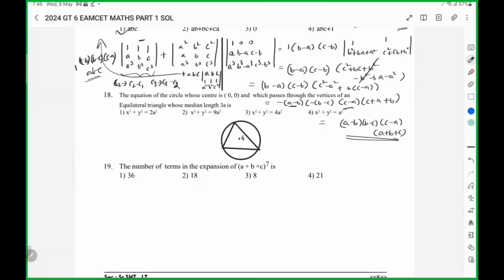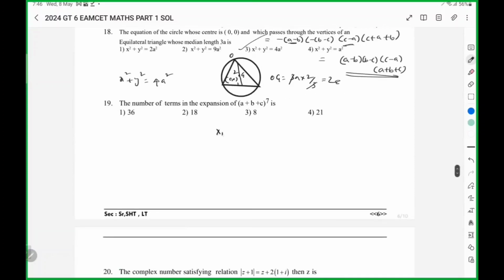It divides the median length in a 2:1 ratio. Then OG becomes circumcenter, 3a into 2/3. This is 2a. Center 0, 0. X square plus y square is 4a square.